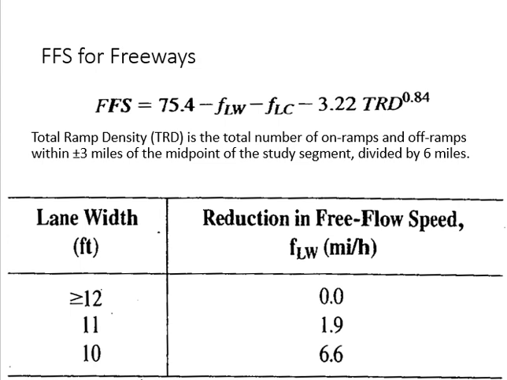Free flow speed can be found in two ways. One is what you already did in your projects. So you already found the free flow speed of the highway in your projects. Did you use any equation? Then what did you do?